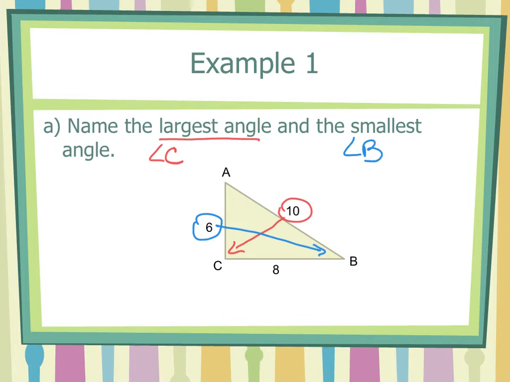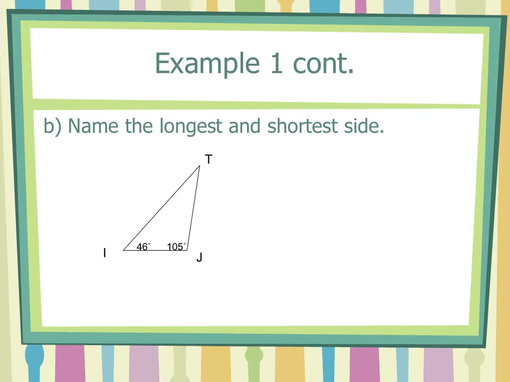All right, so the next one says to name the longest and the shortest side. Now, this is where we need to find angle T before we decide which one's biggest or smallest. So I need to add 46 plus 105. I get 151.